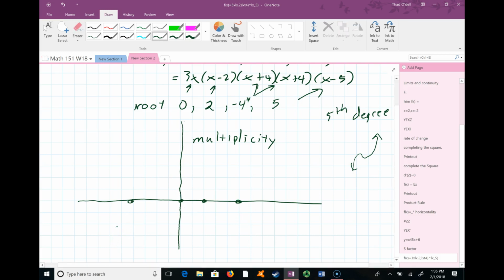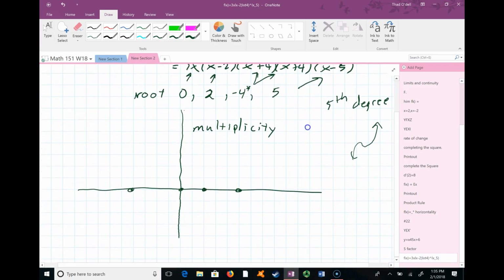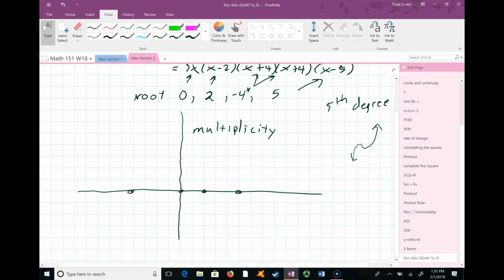So let's erase that. That's where this multiplicity comes in. At -4, there's something different happening there. One way to think of it, because this is a multiplicity of 2, is that the intercept looks similar to a quadratic, which we know looks like this or like this, right?